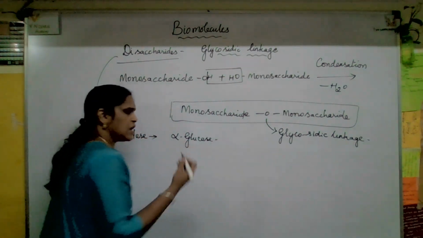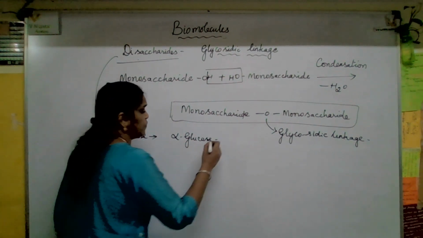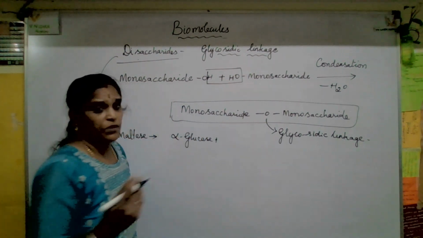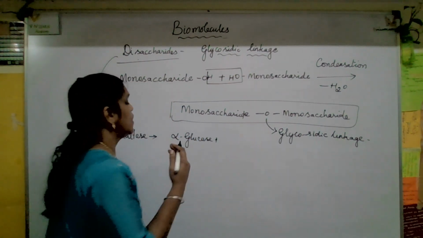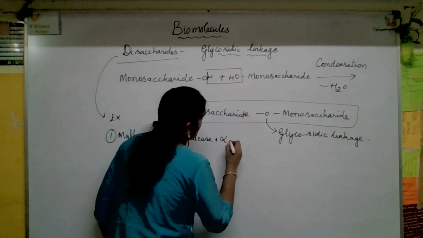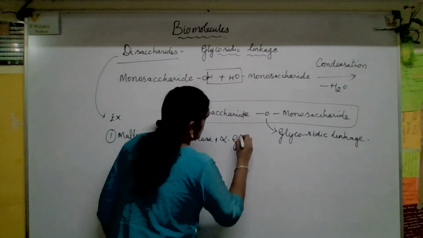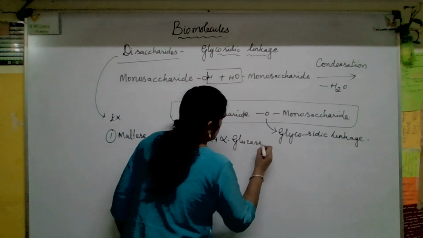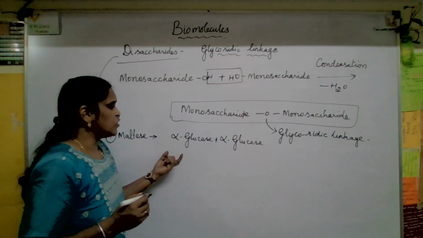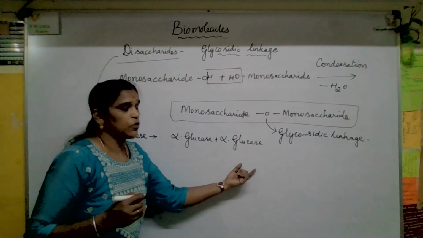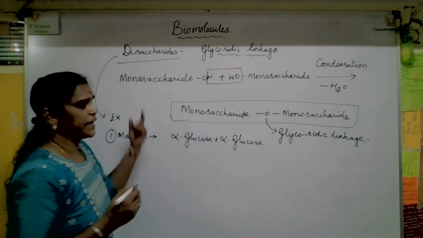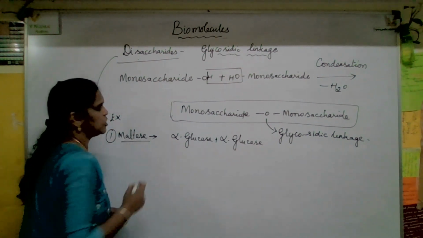When I mention alpha glucose, you will know clearly where the OH will be in the Haworth structure. Both combined together give the disaccharide called maltose.